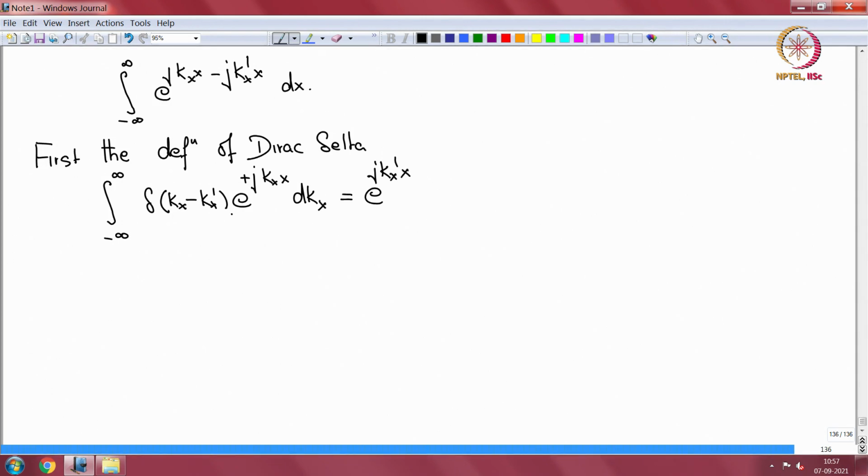This function is shifted and kx dash comes in here. This is just the definition of delta.